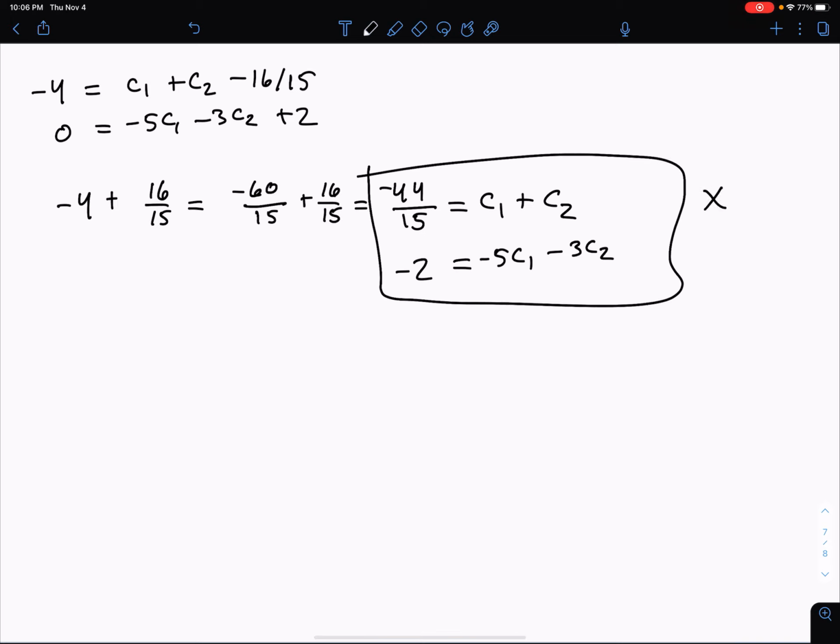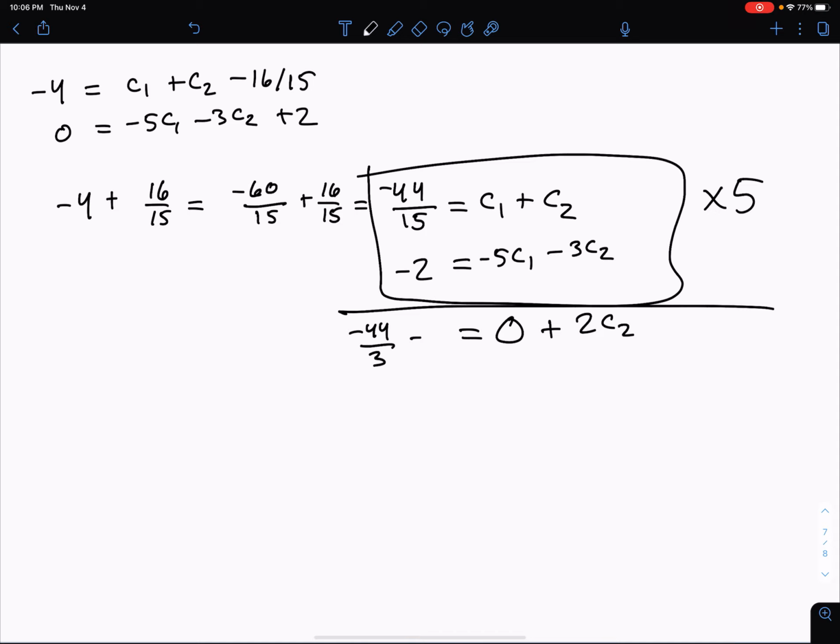I think I'm going to take this one times 3, or maybe times 5 is actually even better, and then add the 2 equations together. Because if I do that, I will get 5C1 minus 5C1, that'll be 0. And I'll get 5C2 minus 3C2, that'll be 2C2. And I will get -44 over 3. If I multiply by 5, the 15 becomes a 3.